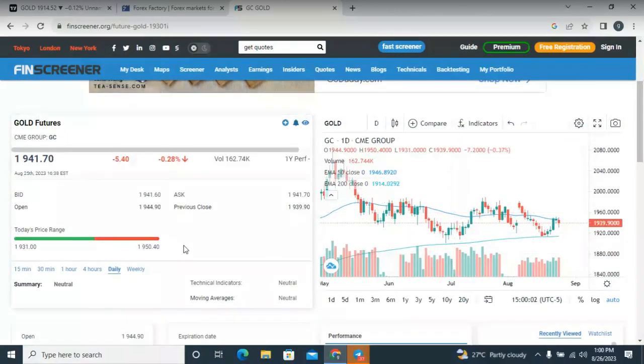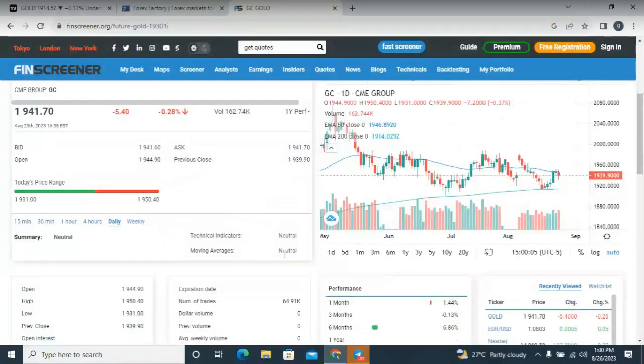So here now, you know what will happen today. Yesterday, which is Friday, the daily time frame on the map showed us strong buy. But today, the two are neutral. That means buyers are charging, sellers are charging. Let's start it from the weekly.